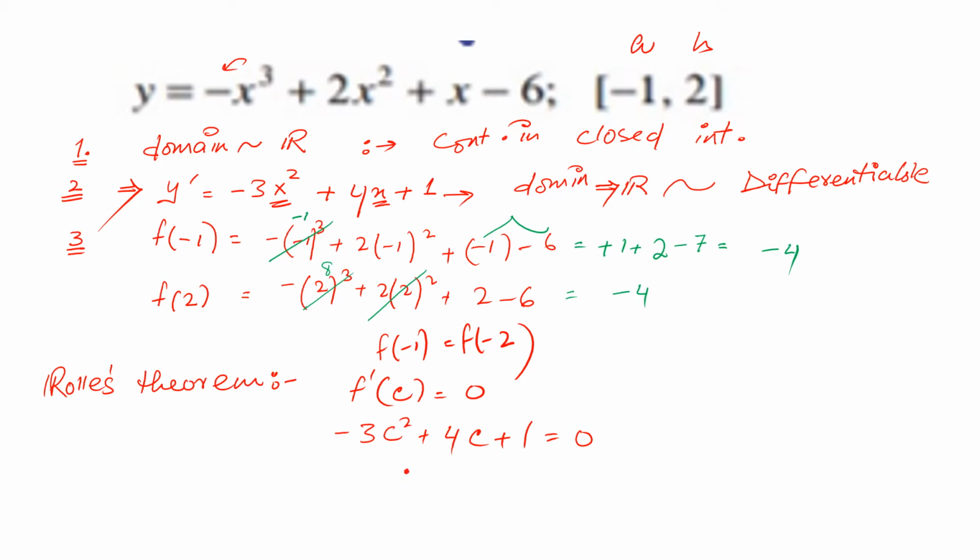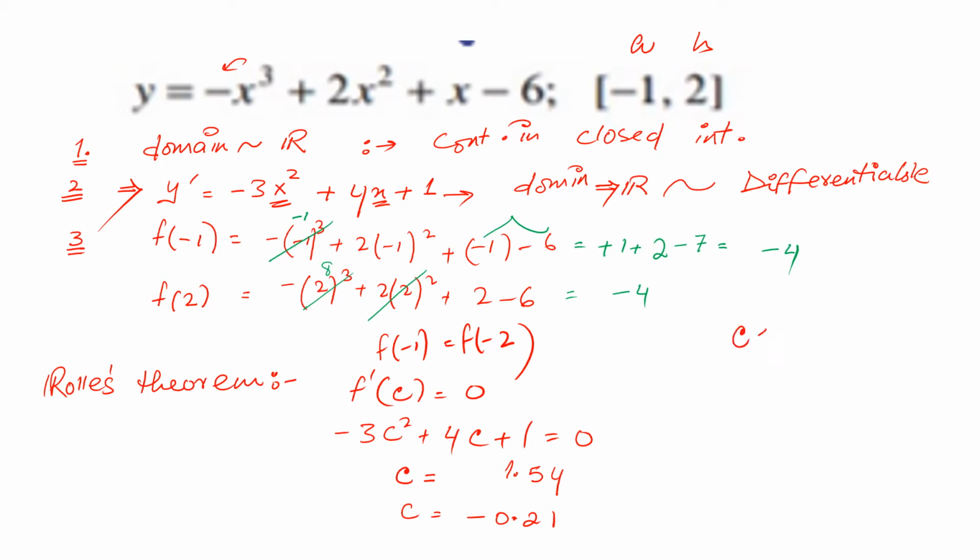So c is equal to 1.54 and c equals -0.21. Here you can see that both values lie between -1 and 2.